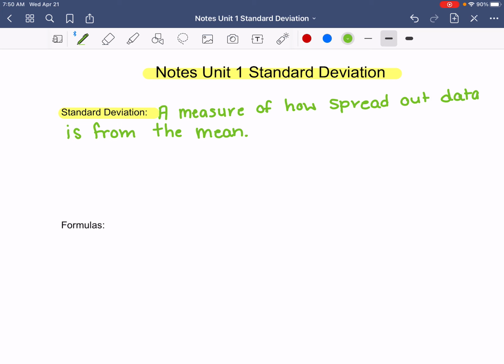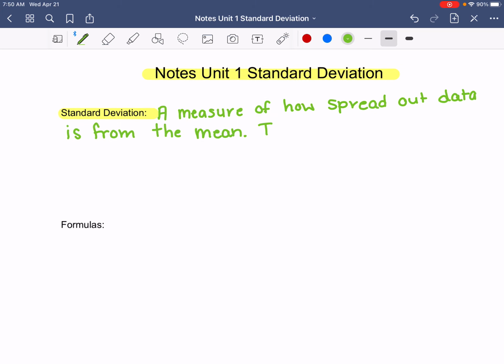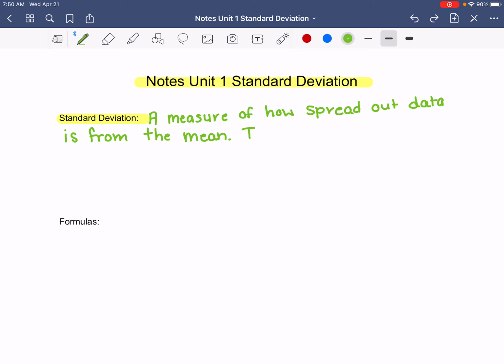So the smaller the standard deviation, the more clustered the data will be. I'm going to write ST DEV for standard deviation.